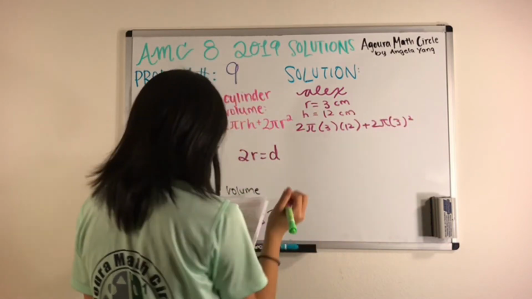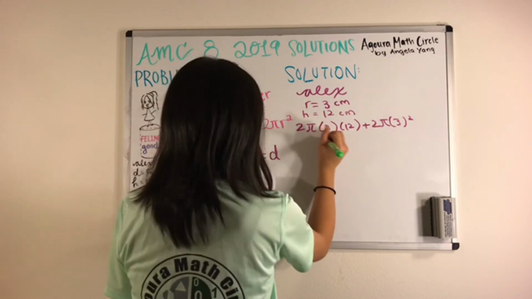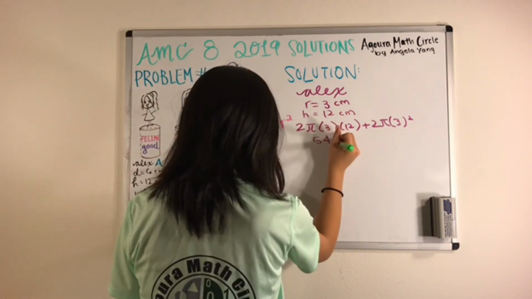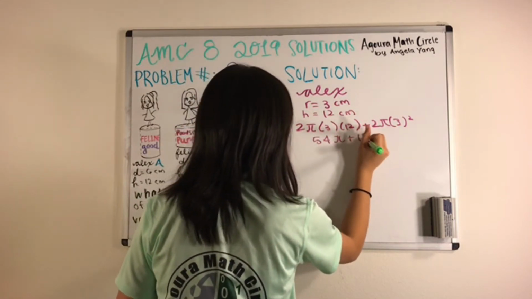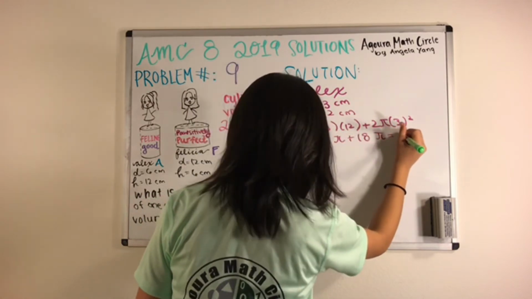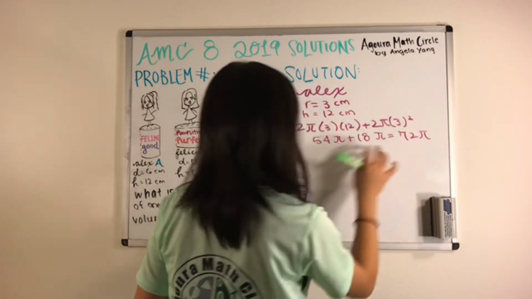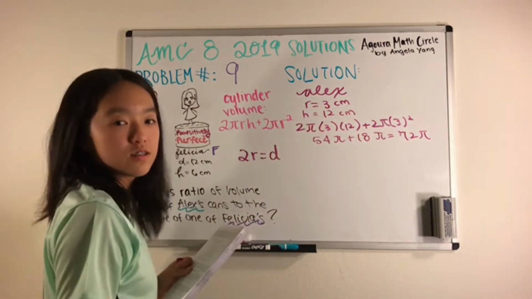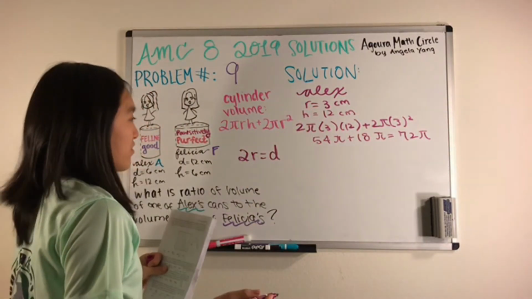And solving this entire thing out, you would get 54 pi plus 18 pi, which equals a total of 72 pi. So that's the volume of Alex's cylinder, or can of cat food.